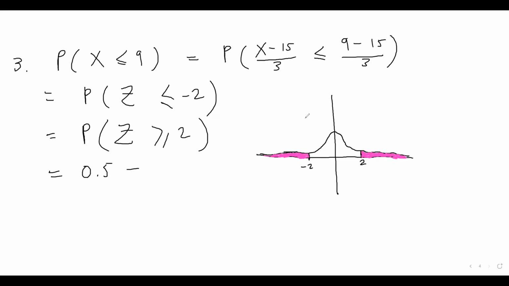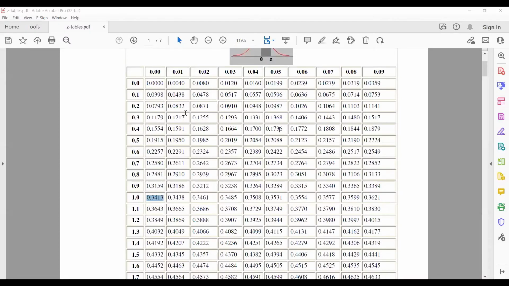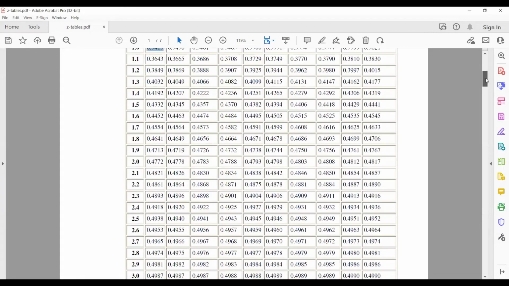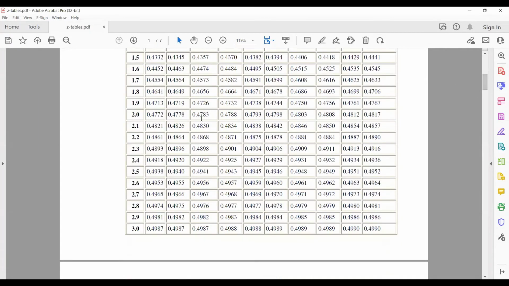So now let's go look at the table for small z equal to 2. We go to the table and find the corresponding area for small z equal to 2. Let me share that with you again. Okay, let's go to the table. Now let's find 2, because we're looking for the corresponding area for small z equal to 2. And there's 2 over there, it's 2.0.